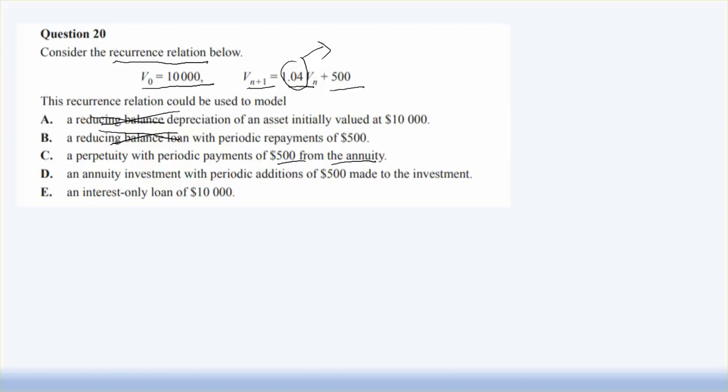That's not correct because a perpetuity just pays the amount each year of 500, doesn't add any 500. This one looks promising. Annuity investment. We know it's an investment because it's increasing. It's going up by 4% each year. And you're also adding $500 to the investment. So we're just going to go with D for that one.